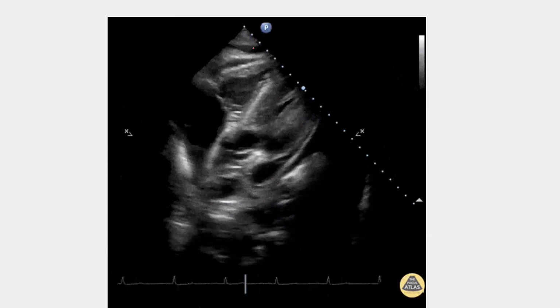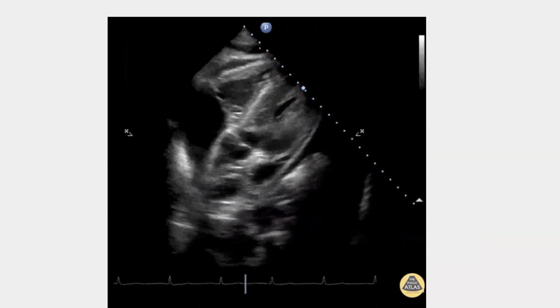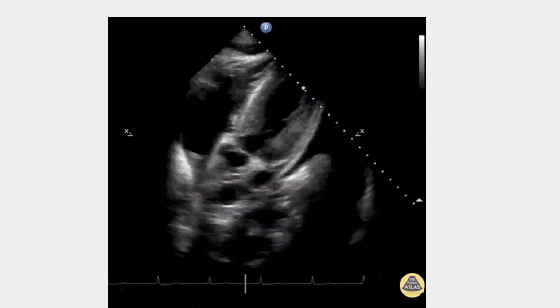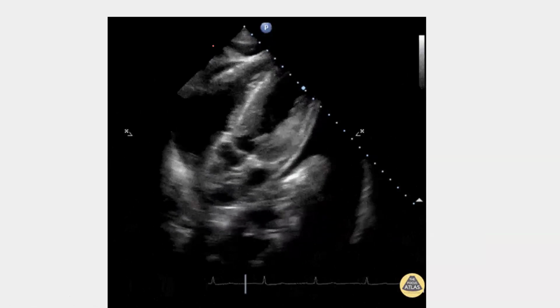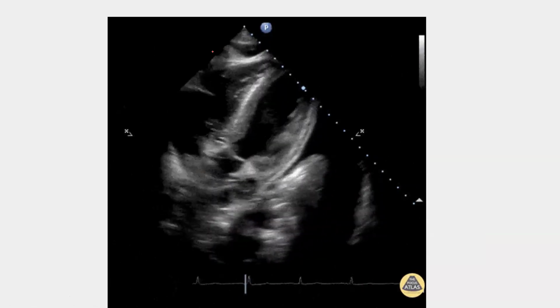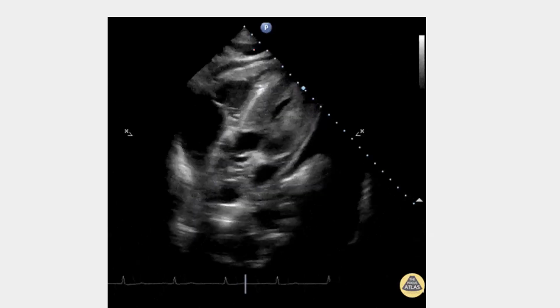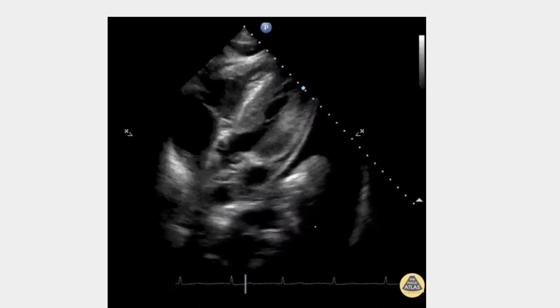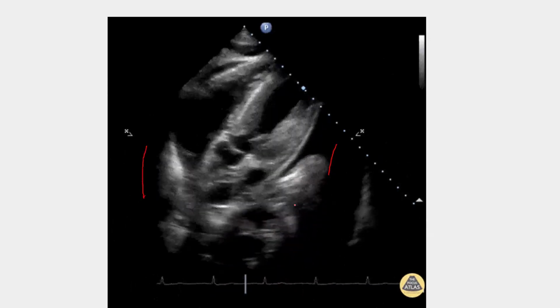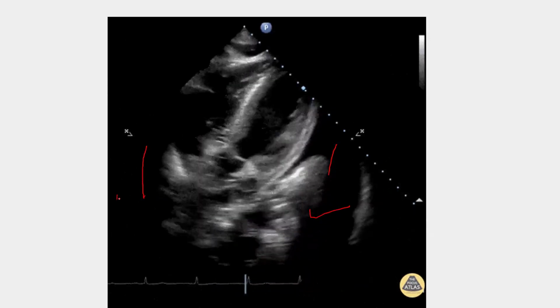What is this echolucency here? Any guess? The pleura? Not the pleura, because the pleura is supposed to come here and on here. This is left and this is right.